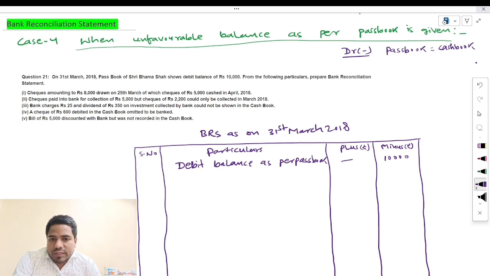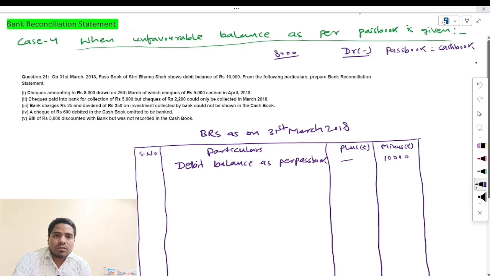First one is checks amounting to 8,000 drawn on 25th March, of which checks of 5,000 were cashed in April 2018. On 25th March, you had drawn a check of 8,000.